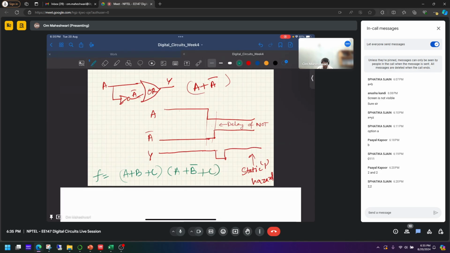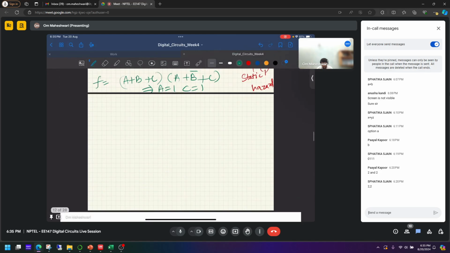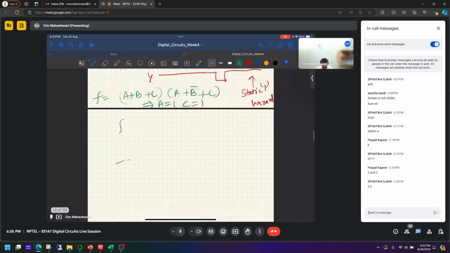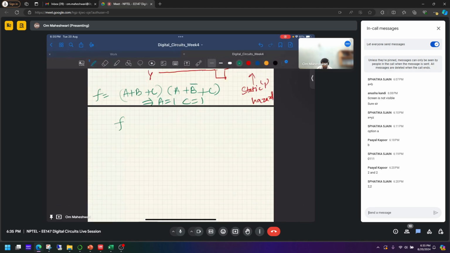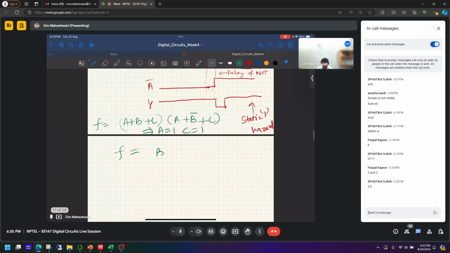So here, if you see, when let's say a equals 1 and c equals 1, then your f will become b bar, right? This can cause a static 0 hazard.